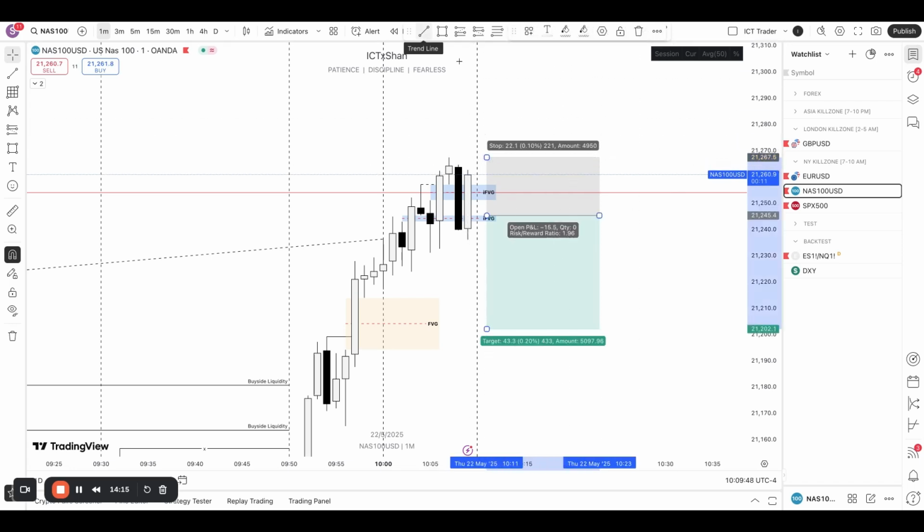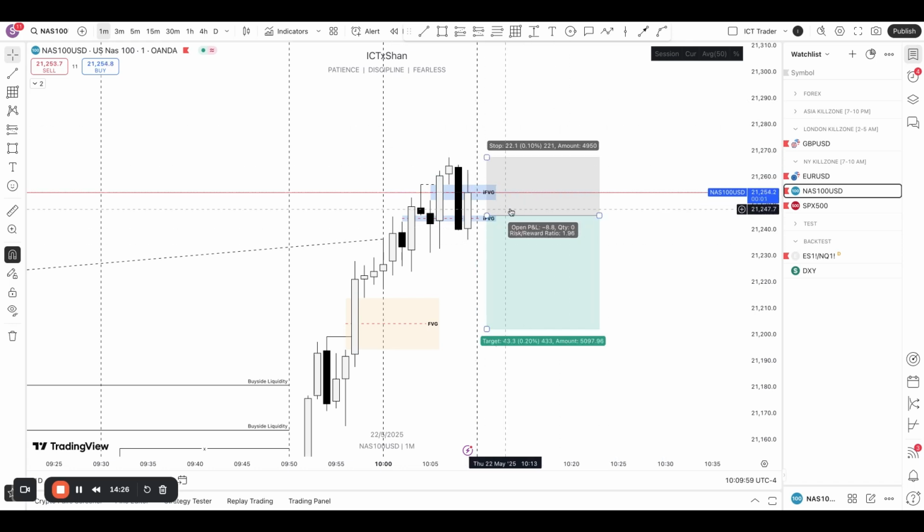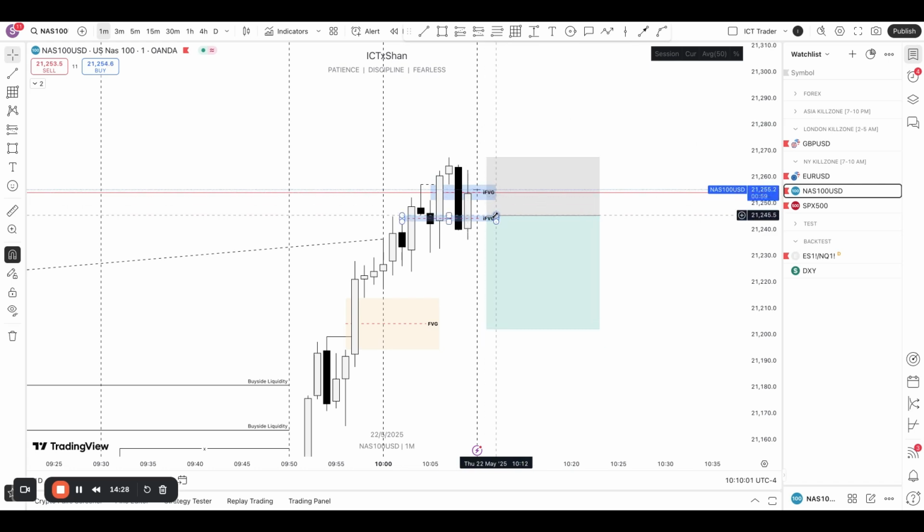Still inside the range. Let's see, but it seems like it will respect the high power gap. But in my expectation, what you need is a close inside or below this high power gap.